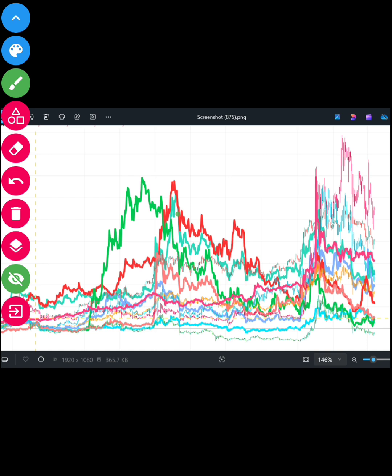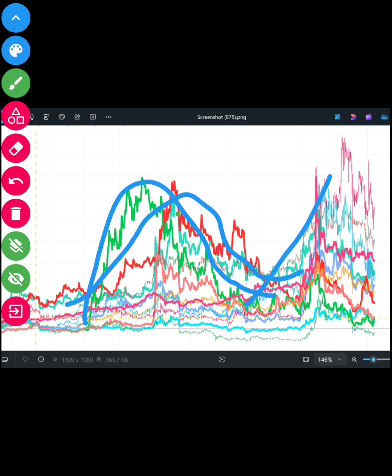Okay, so what was exciting about this to me? Well, I see a lot of these coins made super tops already, right? XRP's in the process of it. I'm still involved in XRP though. XRP is that red one right there, right? A lot of these made really great kind of super tops already along the way.